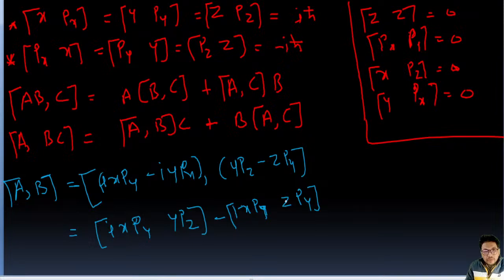Now we'll multiply this with this: minus iota ypx comma ypz. And minus plus, this is going to be iota, take common.